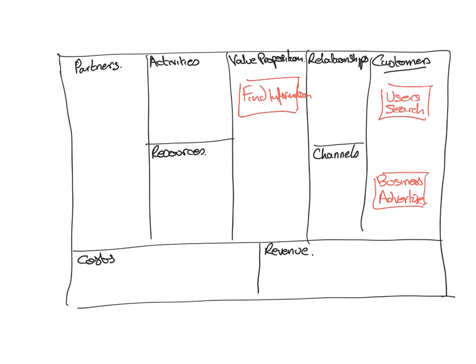The businesses who advertise on it, the value that Google provides to them is targeting. It can very precisely target customers who will be interested in what the businesses are selling.